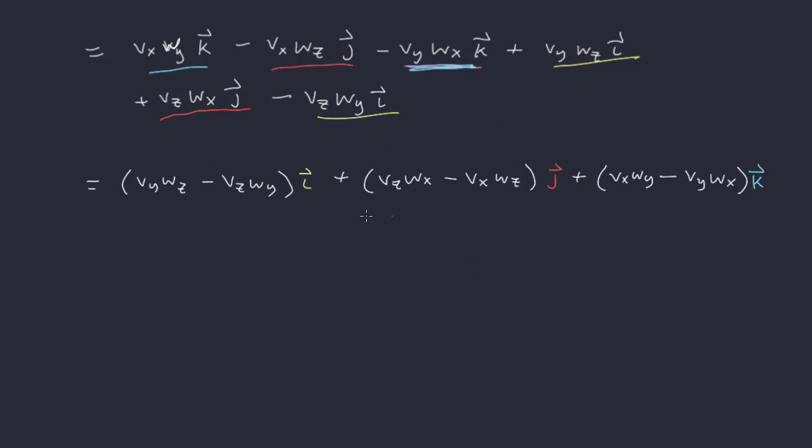But anyway, this is what we get down to. Our V cross W ends up being VyWz minus VzWy I plus VzWx minus VxWz J plus VxWy minus VyWx K.